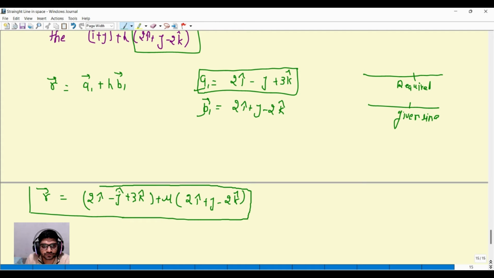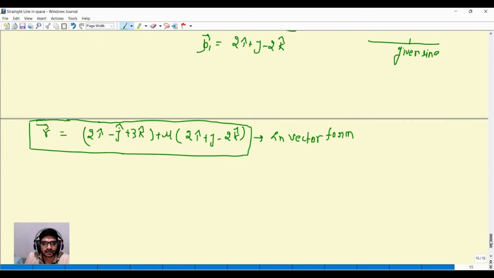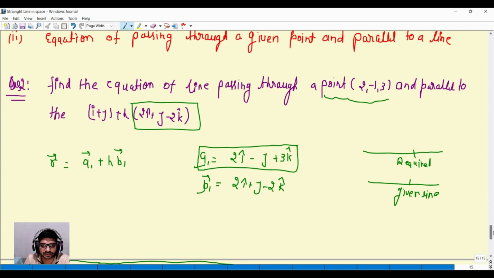This is the equation of the line in vector form. If the answer is asked in Cartesian form, then please go through the lecture first on how we convert the vector form into the Cartesian form. There was a good explanation on that topic.